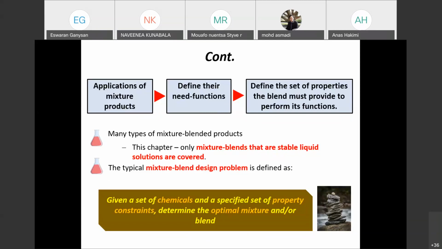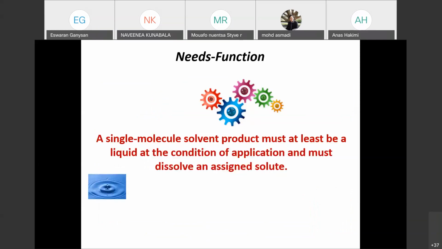So let's see what the needed functions are, based on the previous discussions or previous slide. One of the important issues related to molecule mixture design is a set of properties of the single molecules. The product must at least be liquid at the condition of application, so you have to remember this one.